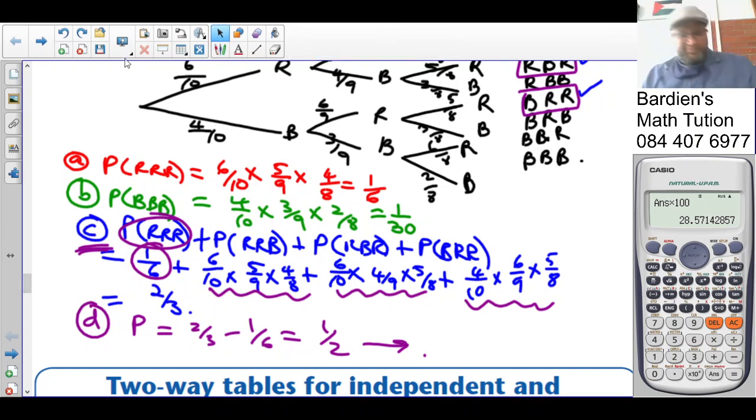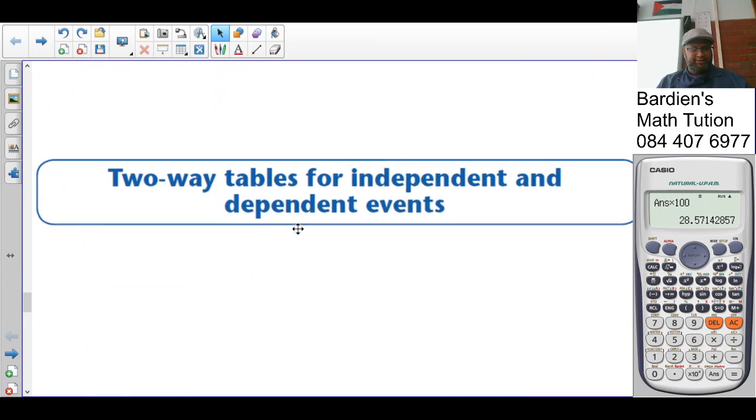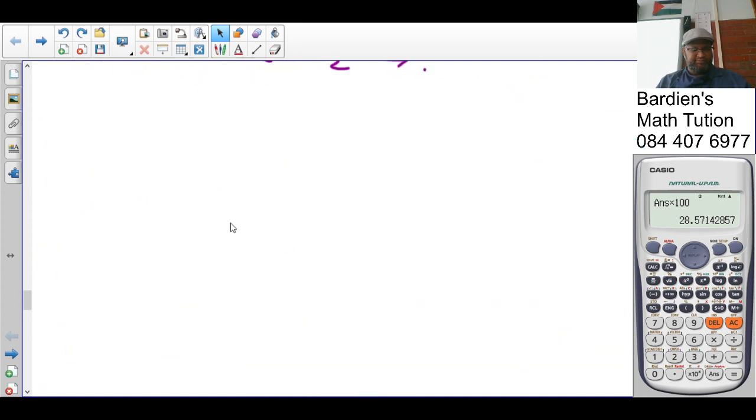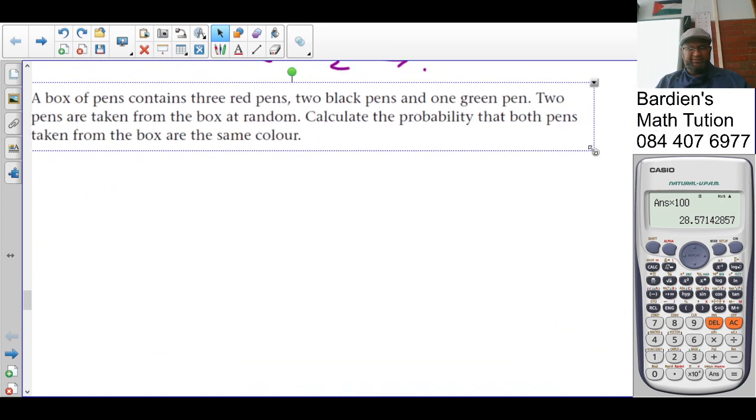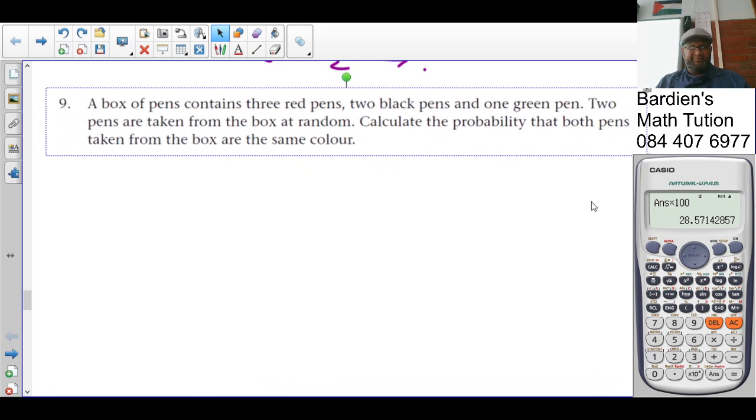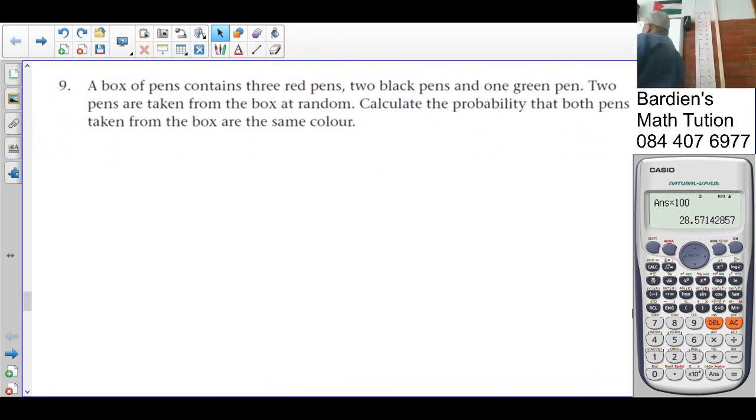Is there another one? Number 9. Number 9, we are told that a box of pens contains 3 red pens, 2 black pens, and 1 green pen.